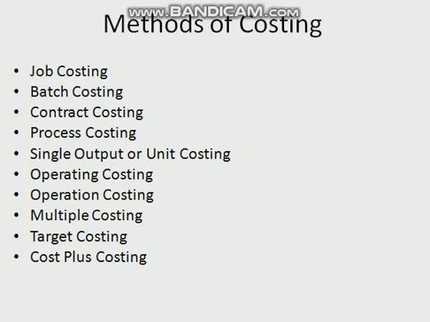And one more method that we will be using is operating costing. Operating costing is also known as service costing, or we can say transport costing. In the above methods we discussed, like single output, process, contract, we are making something, a product, and we are ascertaining the cost of the product.